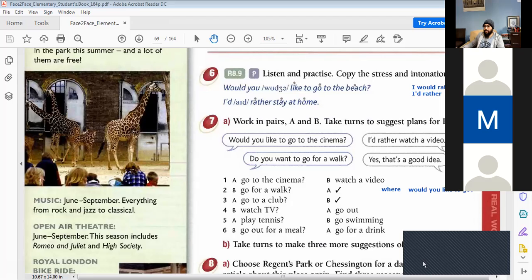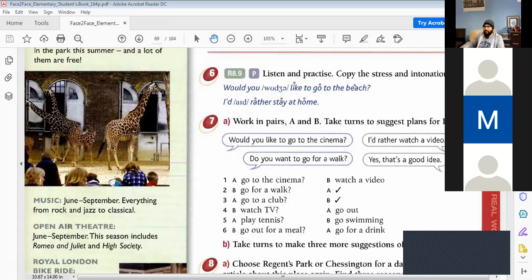Recording 8.1. All right, so that was the last one. All right, very nice. So here, let's move on to number 7. It says, work in pairs, take turns.